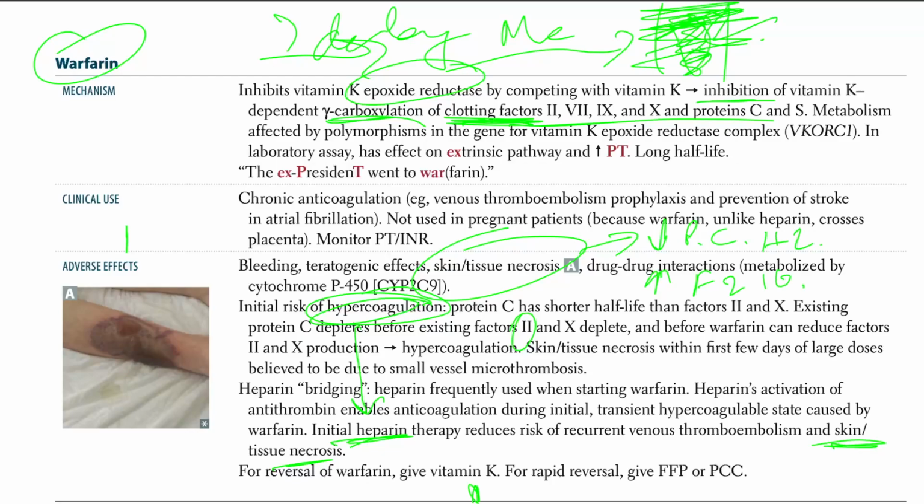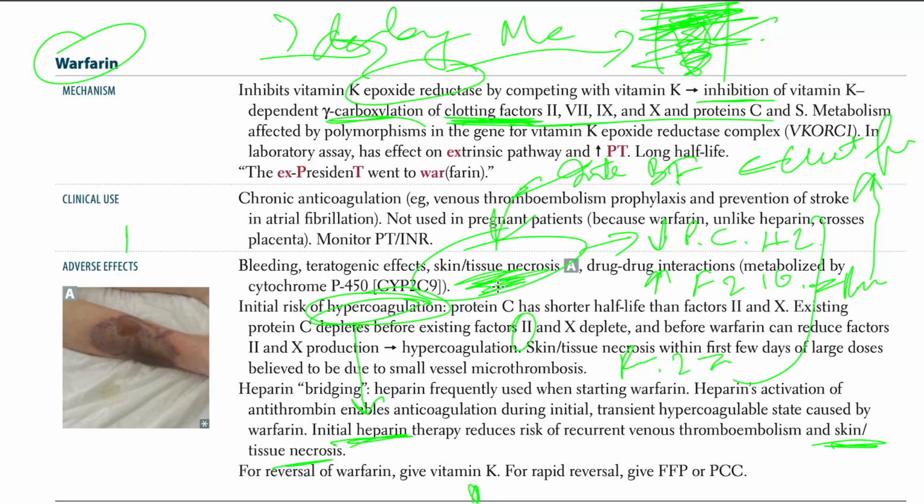On top of that, you have the persistence of all the factors 2, 7, 9, 10 present within the serum. All of these factors cause a procoagulant effect, right? Procoagulant effect leads to clot formation. That clot formation interrupts the blood flow to the skin, which leads to skin necrosis.